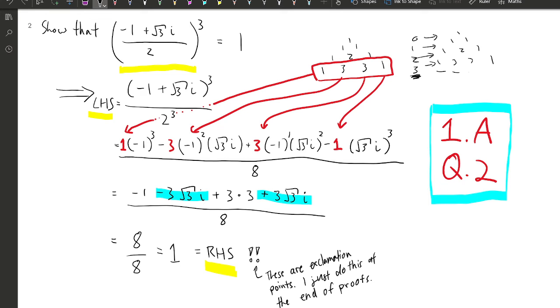So these are going to be the coefficients of your cubic, and hopefully you've done this in high school or something, but if you haven't, go look up how to do a binomial expansion.